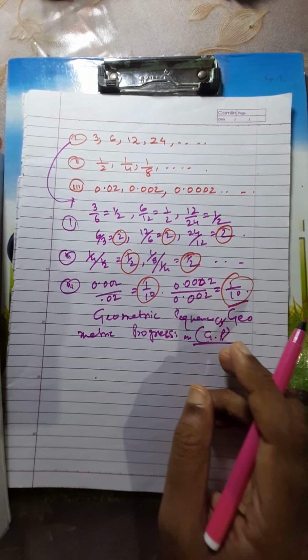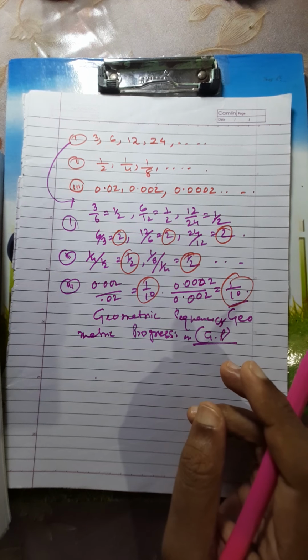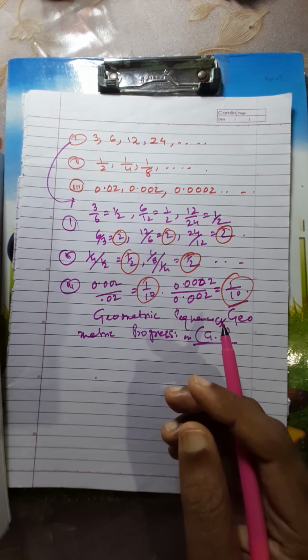A sequence of non-zero numbers is called GP if each term except the first one bears a constant ratio to the term immediately preceding one.